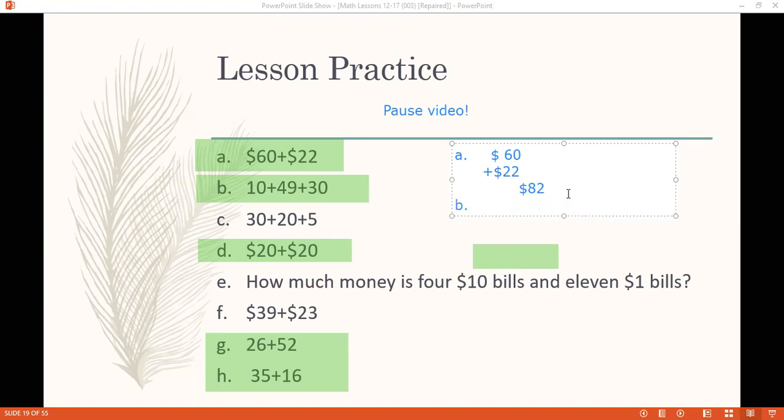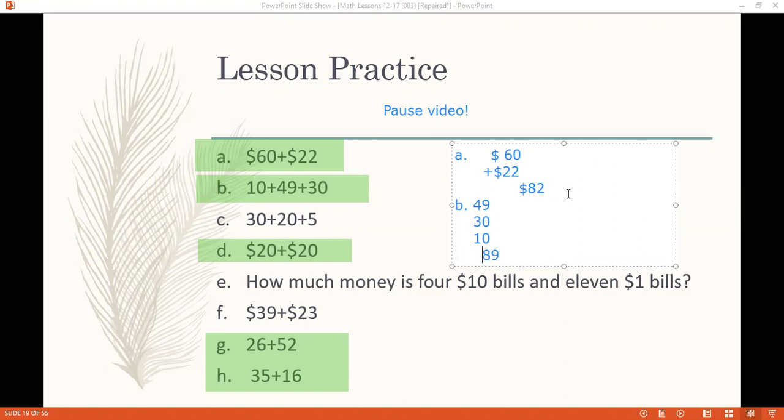And for number B, we have our 3 sets of 2-digit numbers. Which one is the larger number? 49 will go on top. Then we have 30. And then 10. So what is 9 plus 0 plus 0? 9. And 4 plus 3 plus 1 is 8.